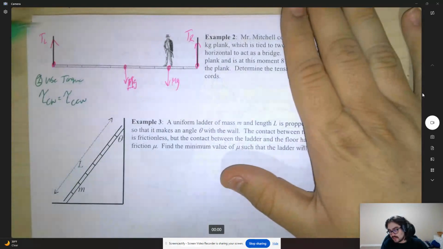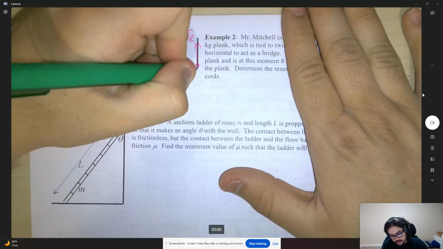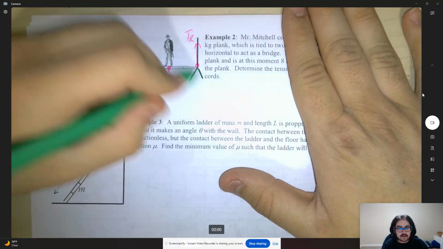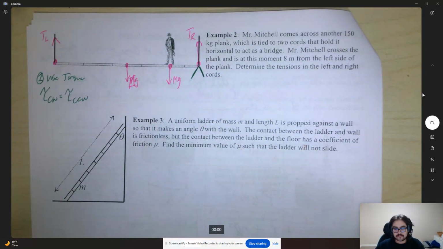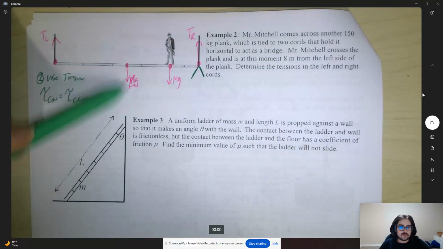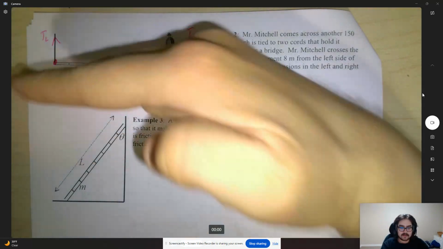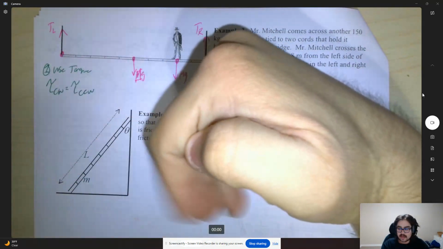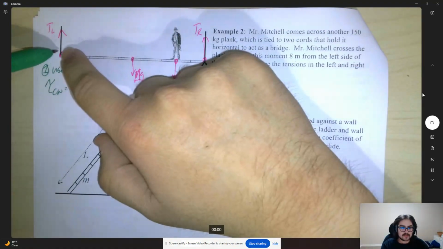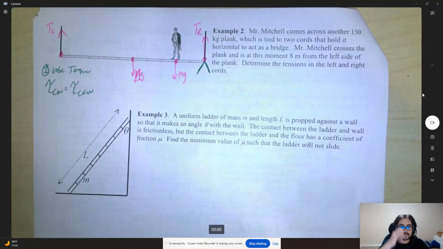I'm going to pick right here, my pivot point being the right side of the bridge. These two torques are going to cause the bridge to tip counterclockwise. This one's going to cause the bridge to tip clockwise.